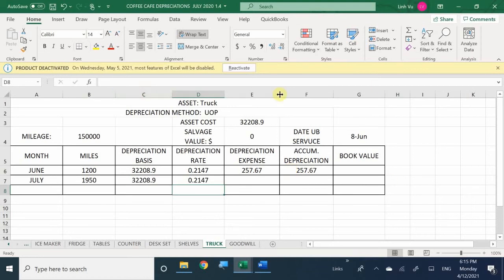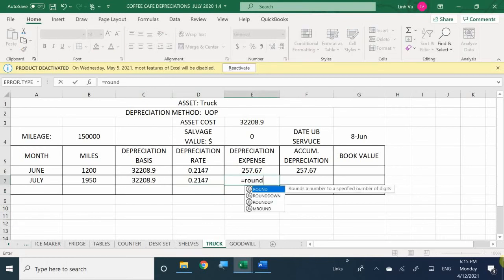Now, the only difference here is that it's going to be based on how many miles we drove this month. So in this case, I'm going to perform my equation, equal ROUND, because in order to find my depreciation expense for the month of July, I'm going to take the total number of miles I drove that month, multiply by the per unit rate, comma, 2.